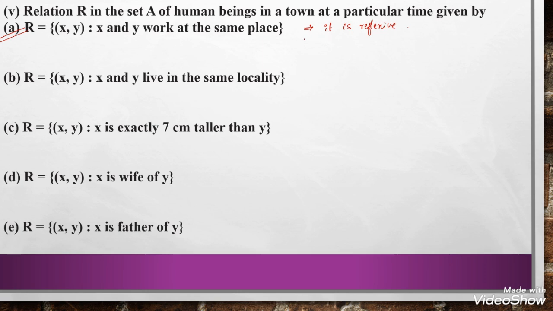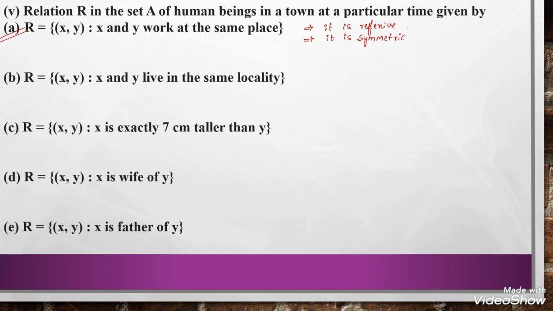Again, second, it is symmetric. Yes, obviously it is symmetric, because while considering x and y any two people working at the same place, obviously in an office, so many members are there.